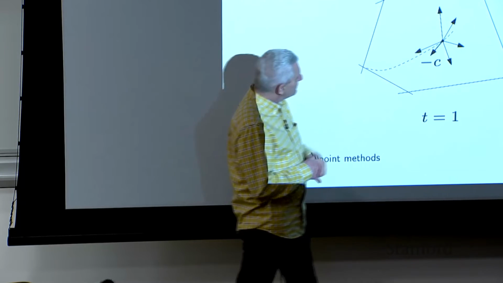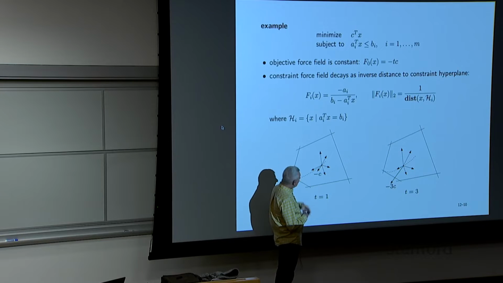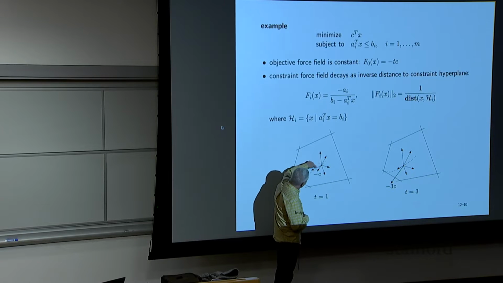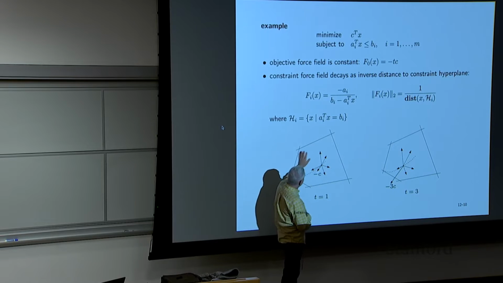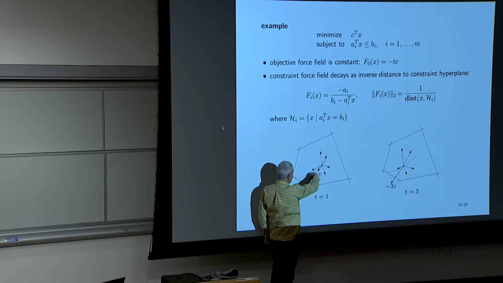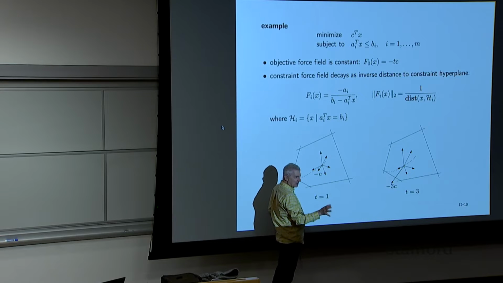So here at this point, that's t equals 1. In this case, we have 1, 2, 3, 4, 5 constraints. These are the forces associated with the constraints. This is minus c, a constant force, which is constant everywhere in here. It just says, please go in this direction. I'll multiply it by t, which will scale up the effect of that.